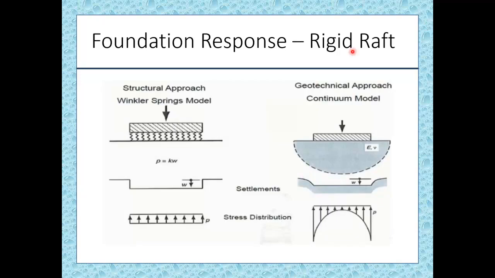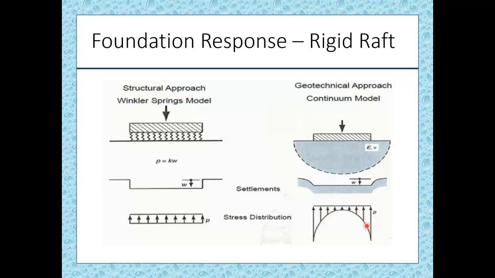First case, the rigid raft. On the left-hand side, we have the structural approach using the Winkler spring model that has undergone a uniform settlement and uniform stress distribution. However, in the geotechnical approach, we can see that the settlement may be constant, but the stress distribution is not. There is high stress developing at the edge of the raft.